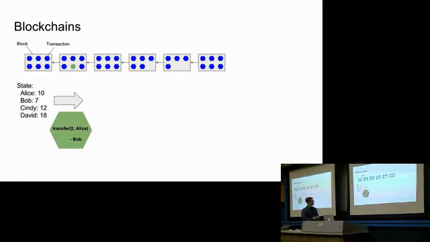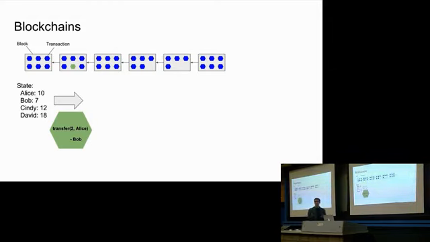A transaction always contains a signature. Here it's signed by Bob. Since only Bob can create such a signature, we know that Bob sent the transaction. So Bob is the assumed sender of the transaction. The transaction basically calls a function, it runs an operation, and this operation is transfer 2 to Alice.